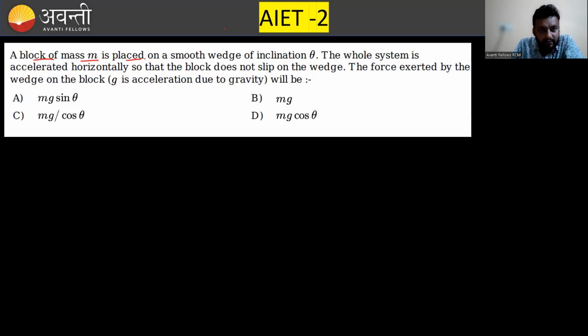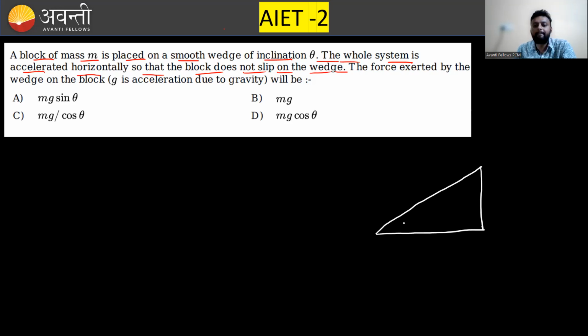A block of mass m is placed on a smooth wedge of inclination theta. The whole system is accelerated horizontally so that the block does not slip on the wedge. Okay, so let's draw it. Let's suppose this is the wedge.